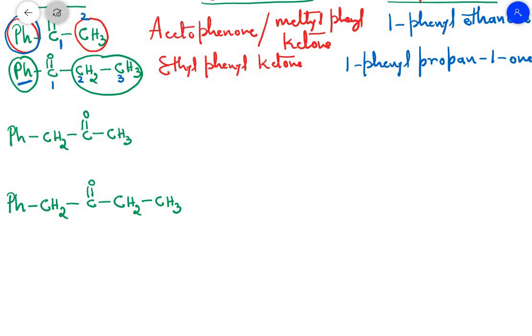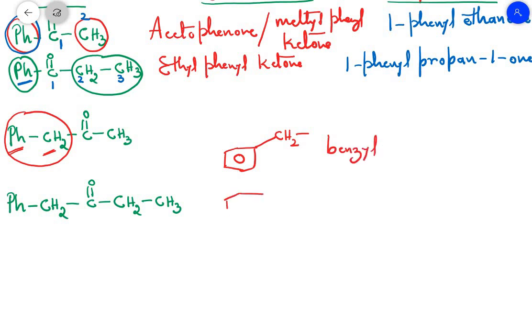The next example, here we are having an aryl group and this is an alkyl group. So together this whole is called benzyl. We have already learnt in our first year that when we write benzene followed by a single bond and CH2, this group is called benzyl group.